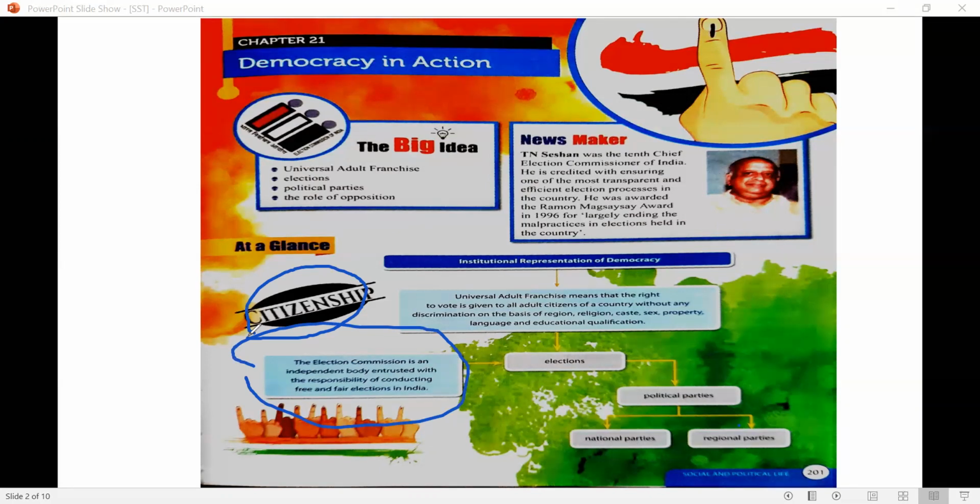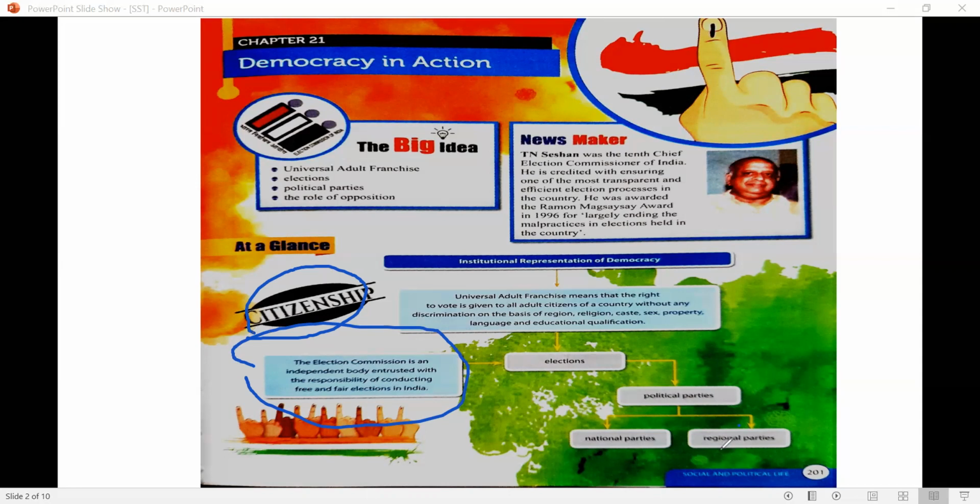So it also has its citizenship years. And the Election Commission is an independent body. When we learn about the elections in this chapter, we will discuss this point on this front index page.